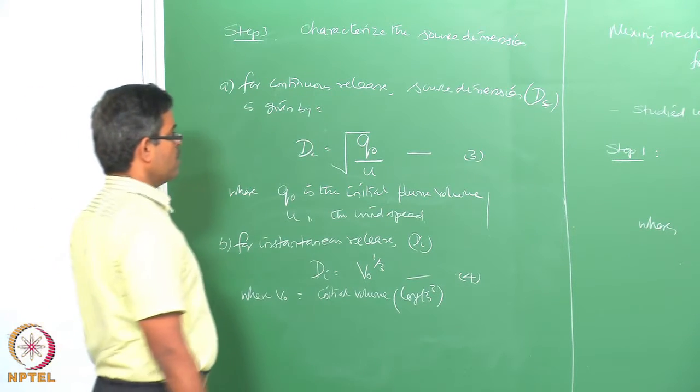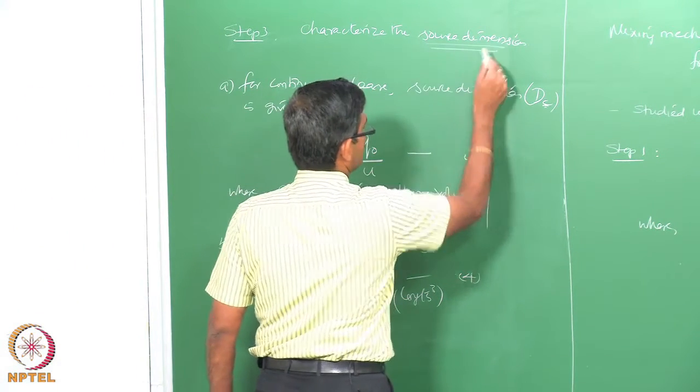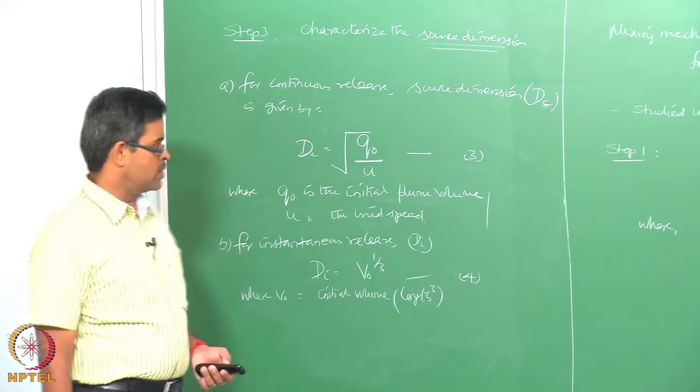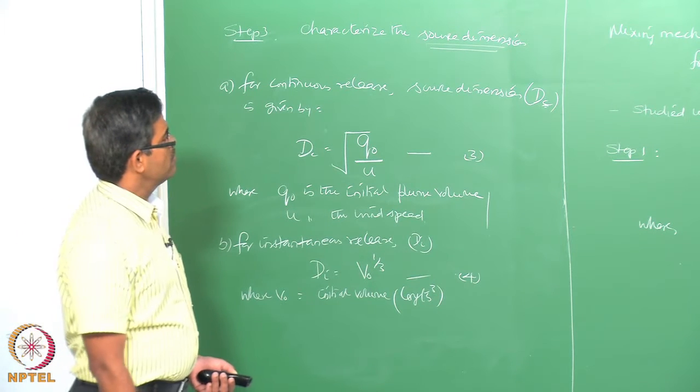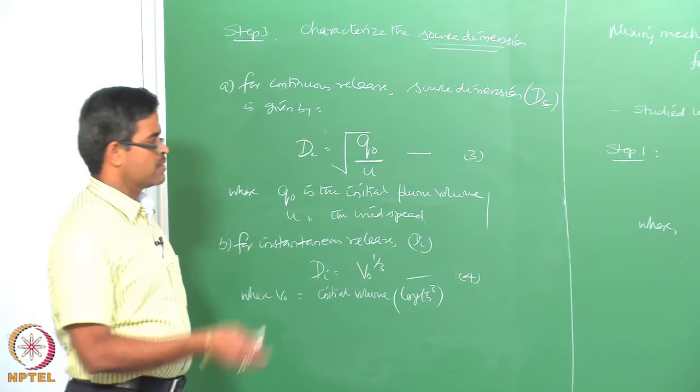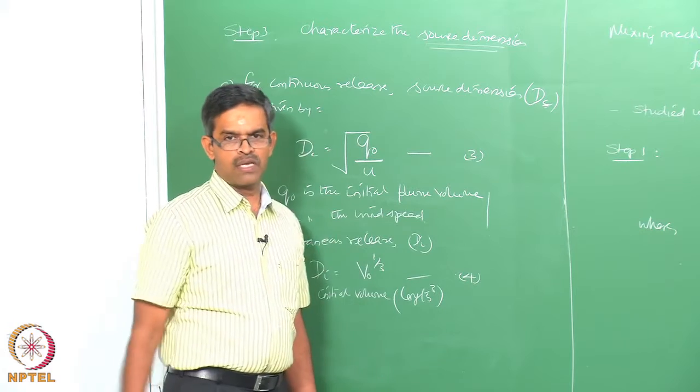So, step number 3, you are going to calculate the source dimension using either equation 3 or equation 4, depending upon whether you have identified the release as continuous release or instantaneous release.